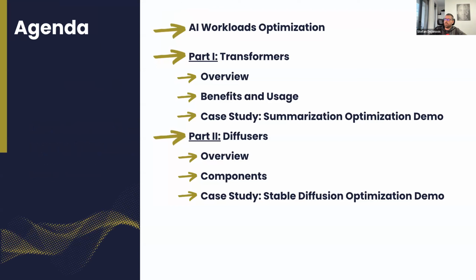Basically, going through code and seeing live how the optimization works on models. And part two will be covered by Daniel, and he will do diffusers, basically an overview of what diffusers are, about the components, and do a small case study about stable diffusion optimization demo.